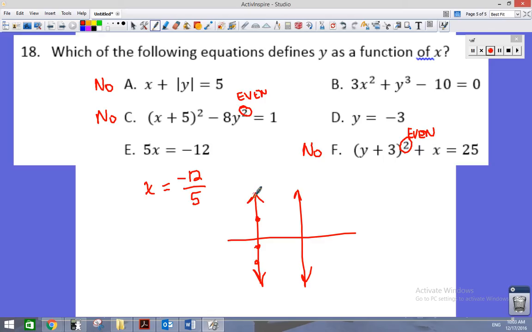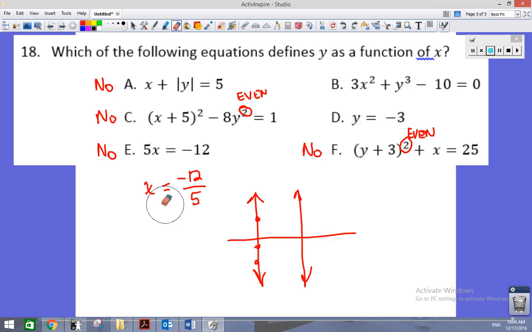We can find a vertical line that intersects this line everywhere by just laying a vertical line on top of it. So negative 12 is related to 0, 1, 2, 3, 4, 5, 6, pi, negative pi, 1 billion, 1 billion over 2 billion, whatever. It's related to the entire set of real numbers, definitely not a function.